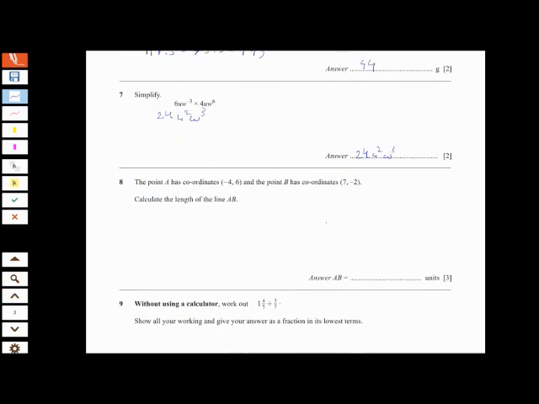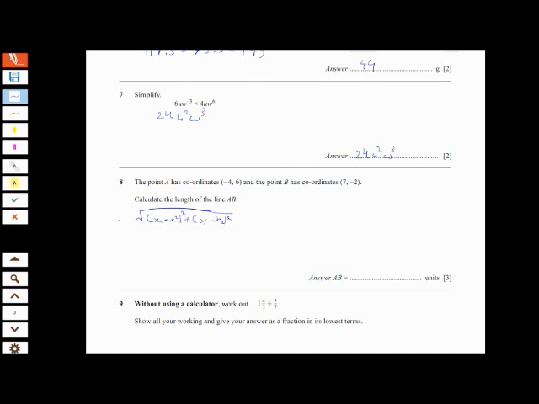So for this one, they want the length of line AB. They gave you 2 points, point A and point B. So all you have to do is just use the formula, which is x1 minus x2, squared, plus y1 minus y2, squared.